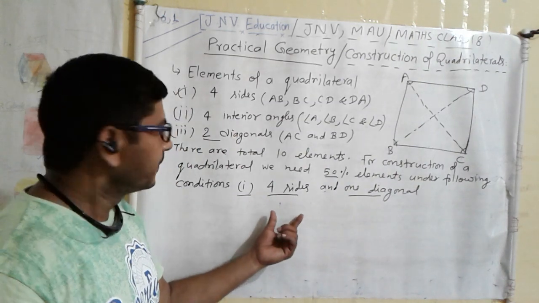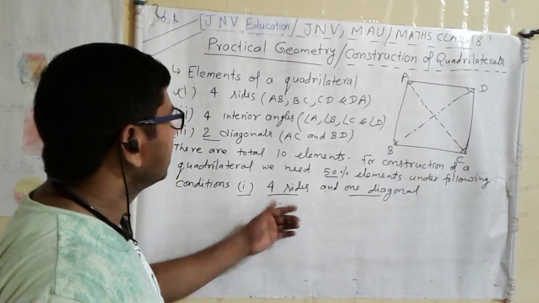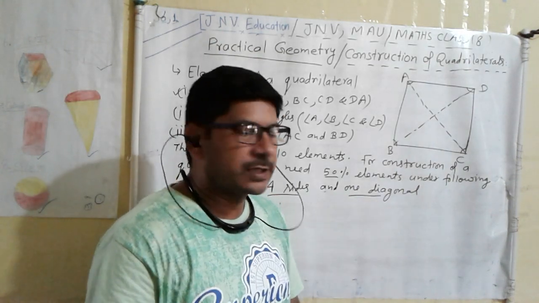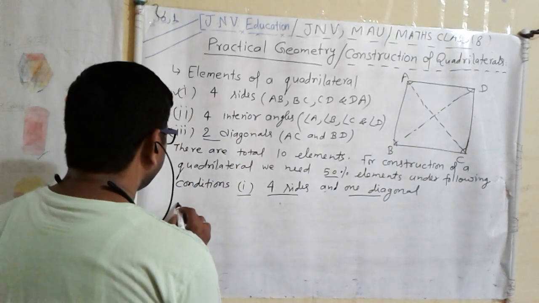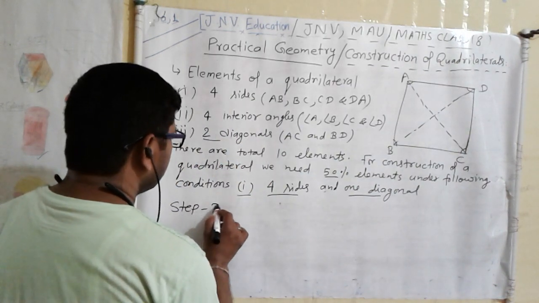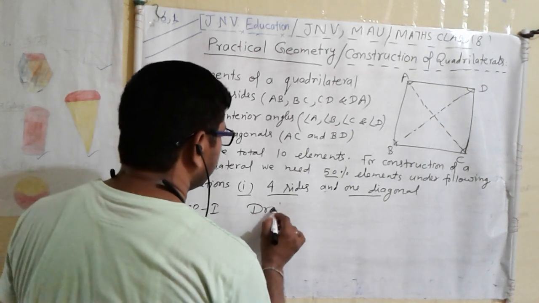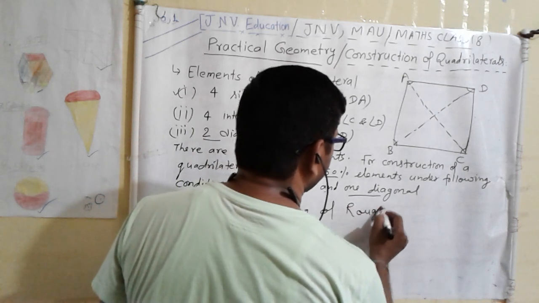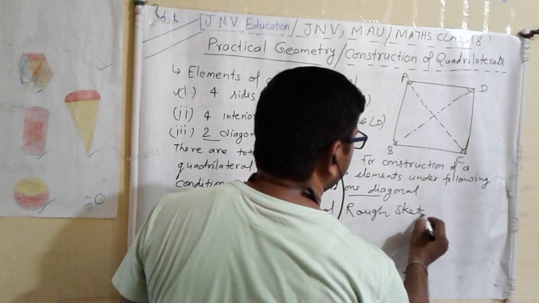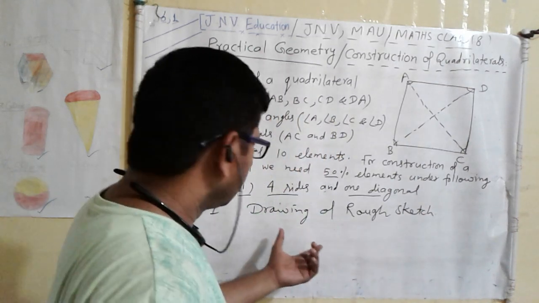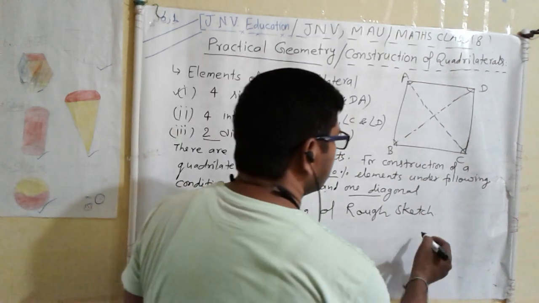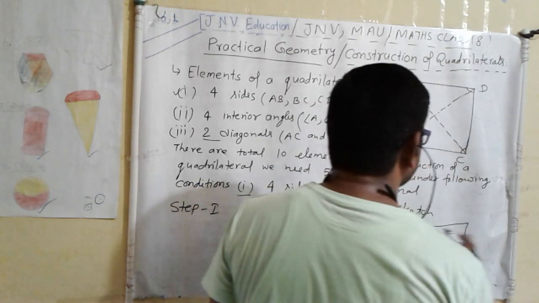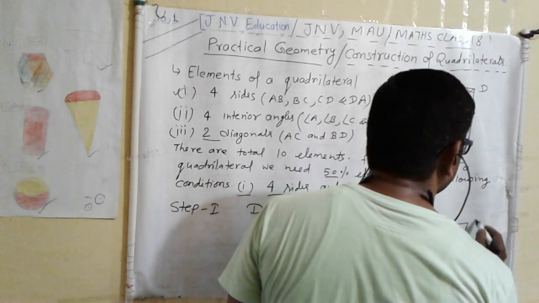This is our first condition. So under first condition, when we have four sides and one diagonal in the question, then our first step should be drawing a rough sketch. So you have to draw a rough sketch, just like PQRS.